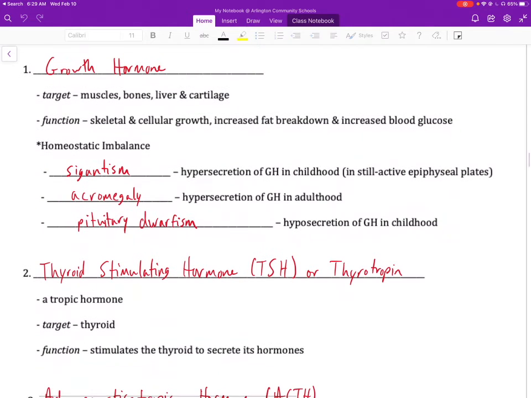The first up on the anterior pituitary gland is growth hormone. This is going to target muscles, bones, liver, and cartilage. Its function is for skeletal and cell growth, increased fat breakdown, and increased blood glucose.